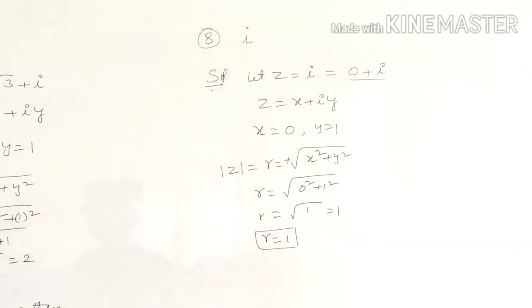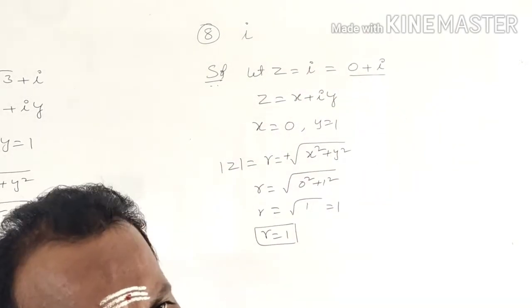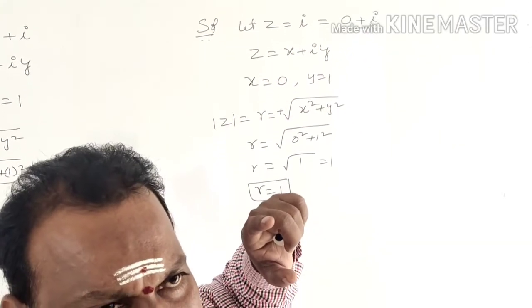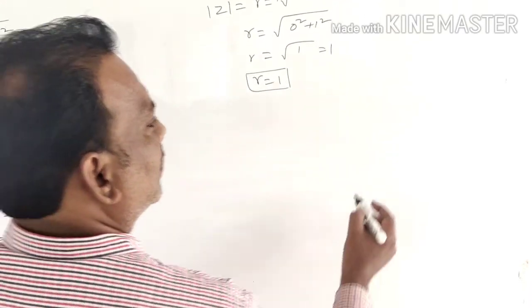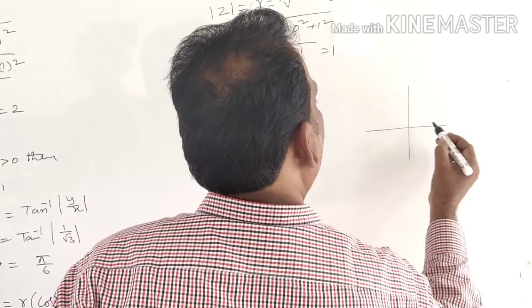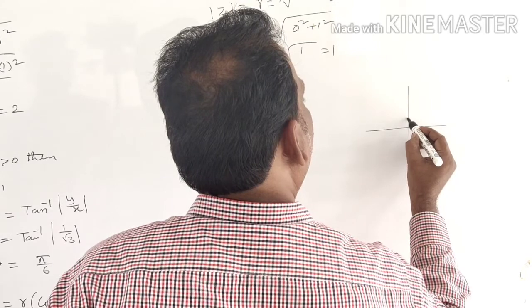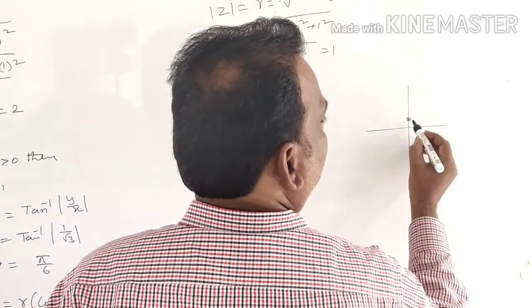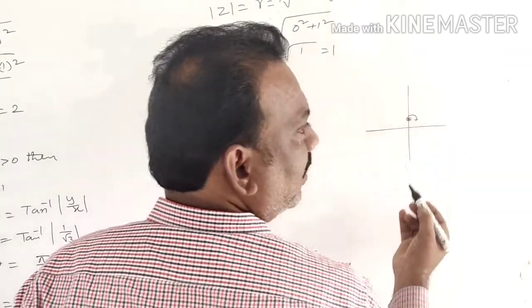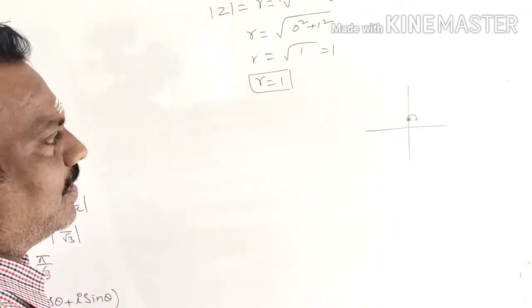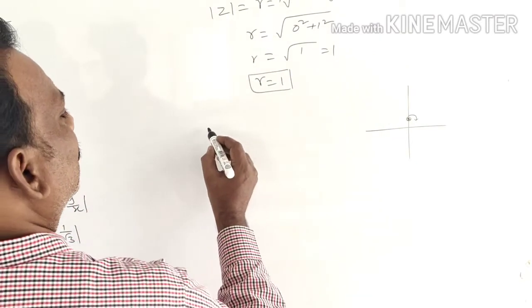Now we have to calculate argument. So it is i, which means it lies on the y axis, correct students? So you can see in the diagram. So i means it lies on this axis, and we have to consider it with the first quadrant. So what is theta value?